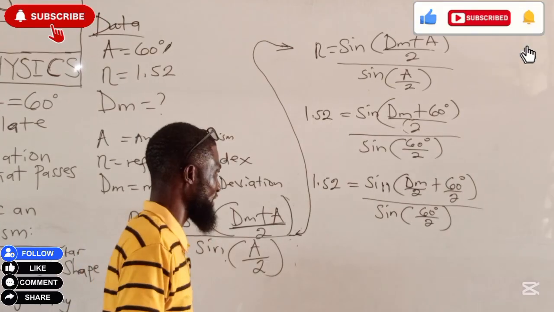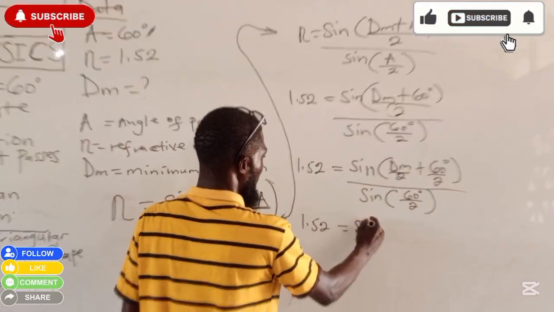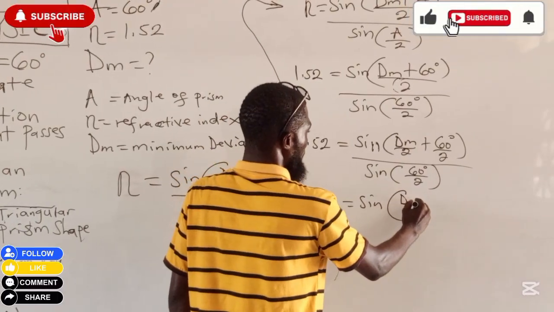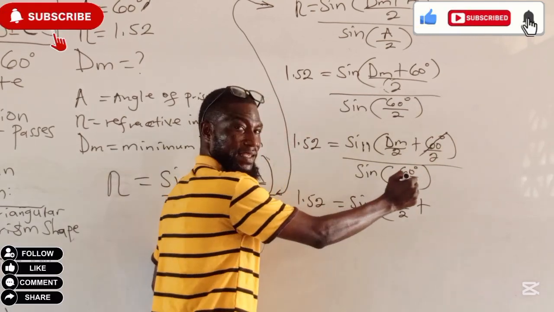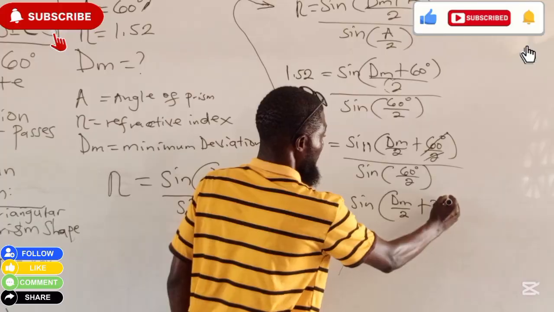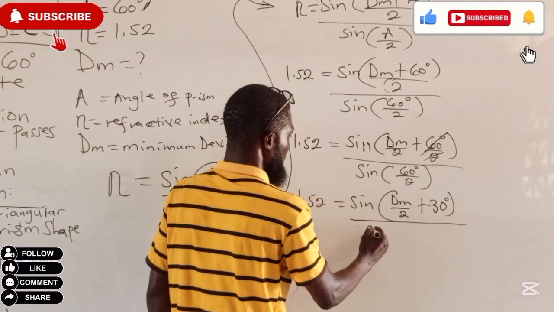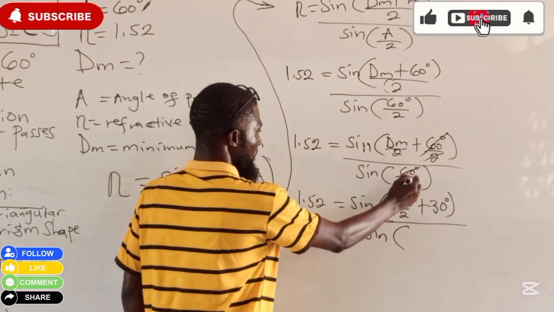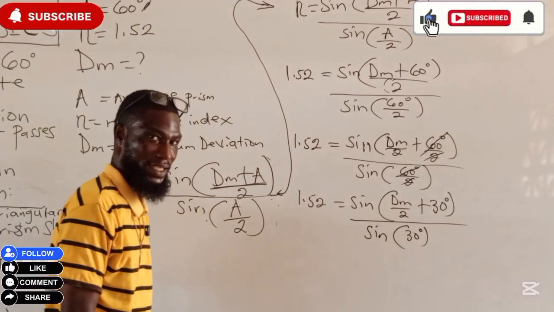On this note, ladies and gentlemen, 1.52 will just be equal to sin, parenthesis open, the minimum deviation over 2 plus, if we divide 60 degrees by 2, automatically we have 30 degrees, parenthesis closes, over sin, parenthesis open, if we divide 60 degrees by 2, automatically we have 30 degrees.